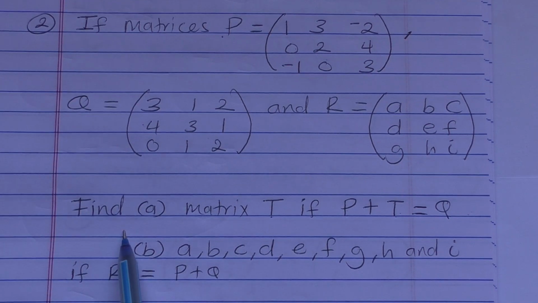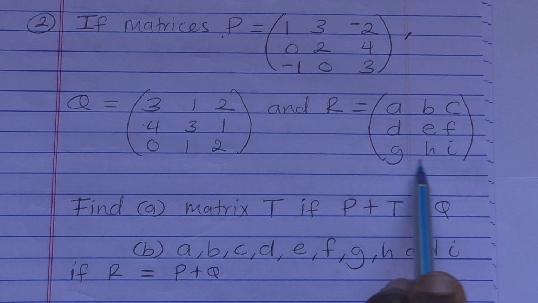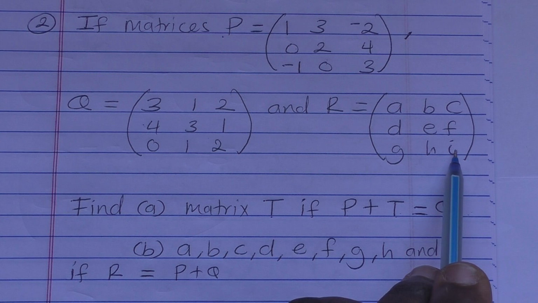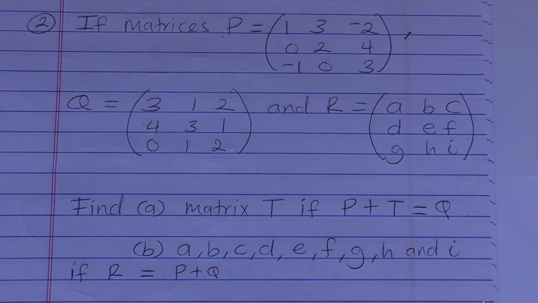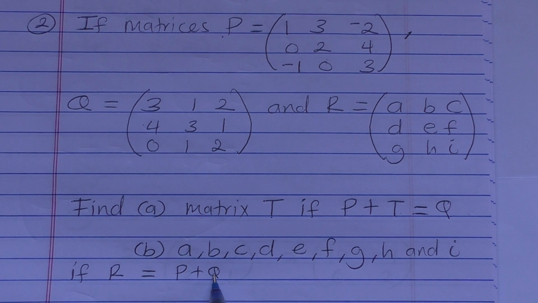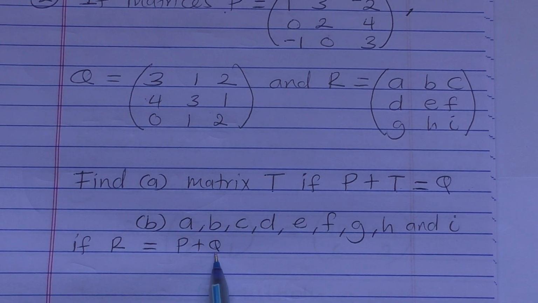And then they want us to find the elements of matrix R, because we are given letters, but they are numerical values that we should find. So they want us to find A, B, C up to I if R equals P plus Q. So meaning that these are what we call equal matrices. We saw that.